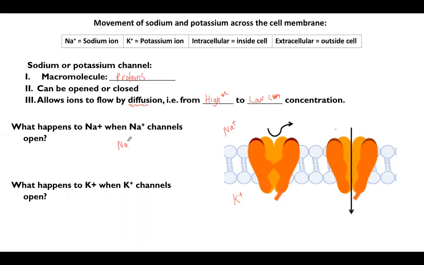So sodium would go into the inside, diffuse to the inside. What happens to the potassium when the potassium channel is open? This time it's higher on the inside, lower on the outside. So the potassium would be leaving the cell.